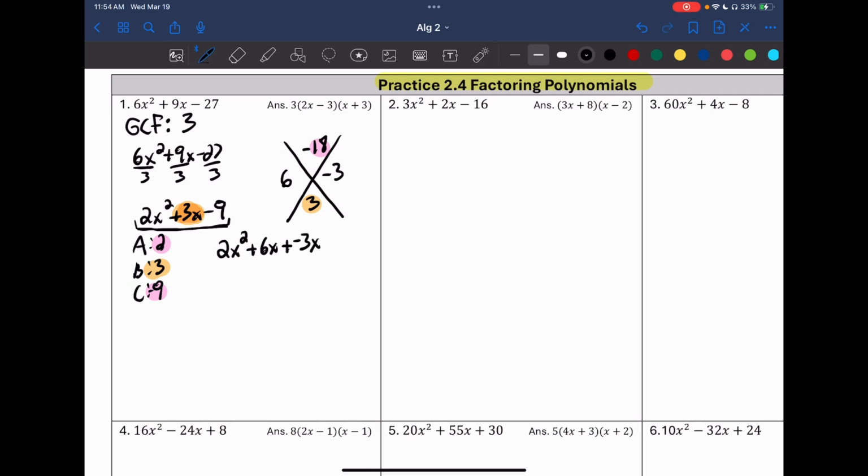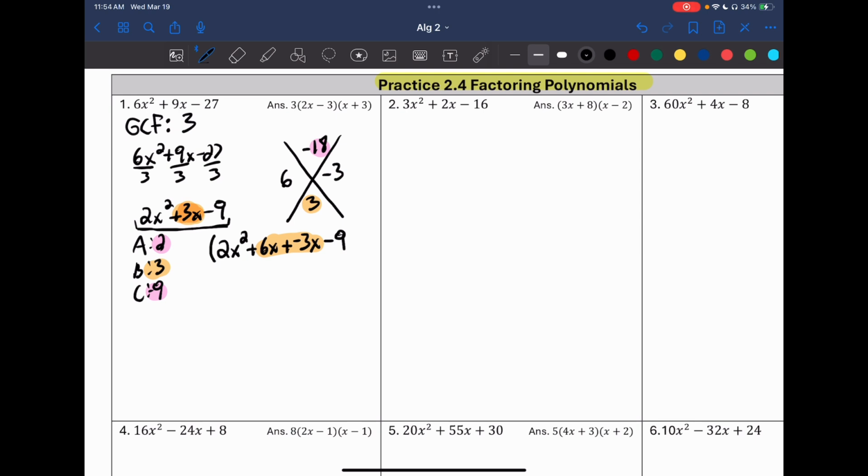It's the same as saying subtract 3x, but I'm going to put plus a negative, because it's easier to keep track of our signs. And then I'm going to do -9 at the end. And just to make sure that it's clear, it's these two terms together, 6 plus -3, that gets us back to our b term in our original equation of +3.